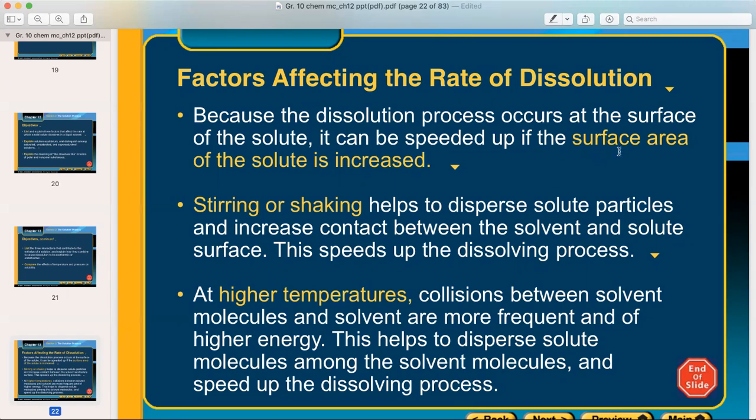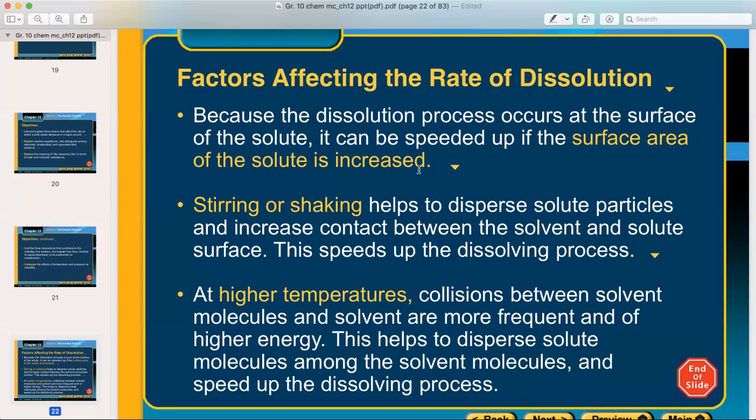Now, first of all, surface area. As the surface area of the solute increases, the dissolving process will speed up. Let us discuss one example. If you have 5 grams of sugar in crystal form and 5 grams of sugar in powder form, which one has more surface area?